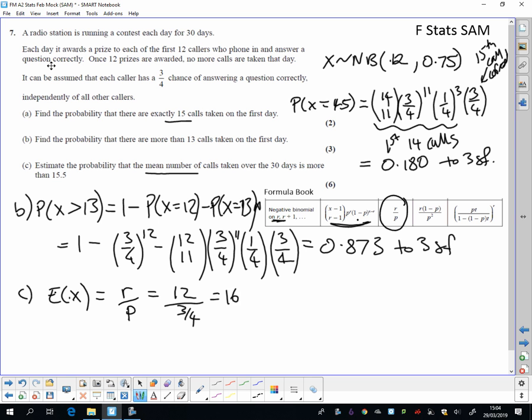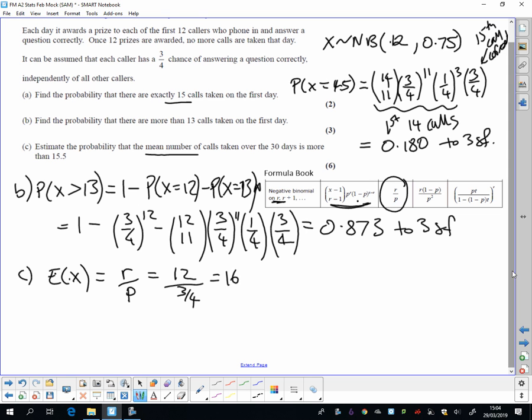Now, the reason we're going to need this is because we're now talking about a mean number of calls. So we need to know the distribution of X bar. Now, remember by the central limit theorem that whatever the parent population, the distribution of the means is going to be normally distributed.